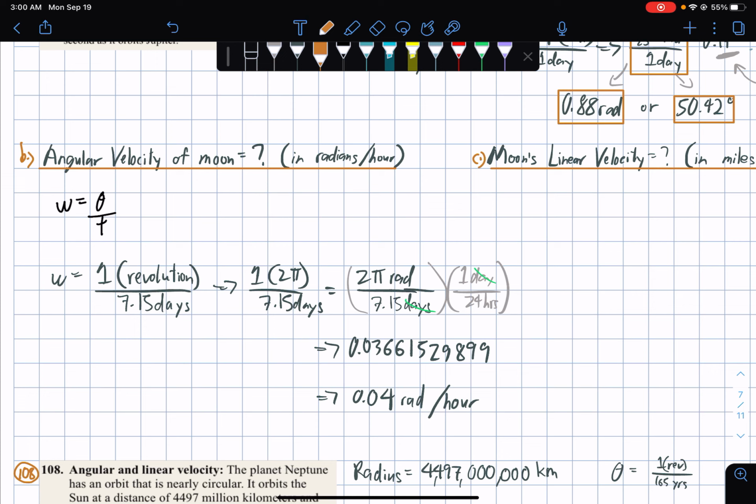I think this is the answer. Yeah, this is the answer. If you round it off to two significant figures or two decimal points, the nearest hundredths.